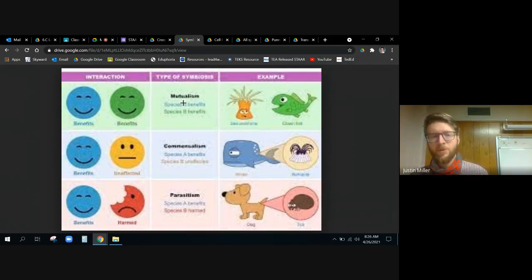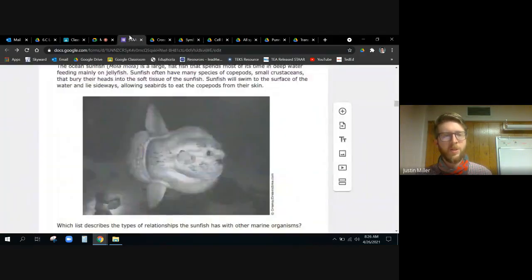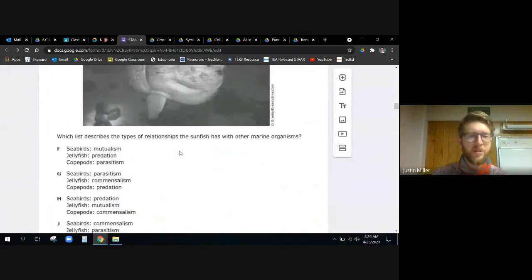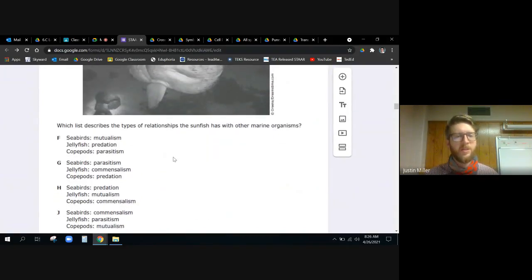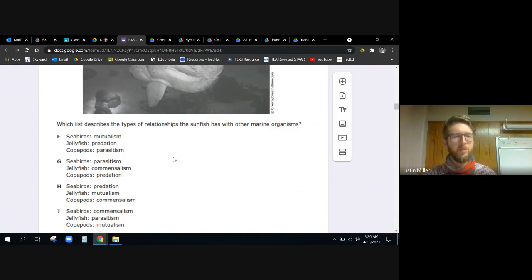So would that be mutualism, commensalism, or parasitism? It shows it in the picture right here. There's the tick on the dog. Yeah, parasite, right? So that's parasitism. So how many answer choices say that there is a parasitic relationship with the copepods?